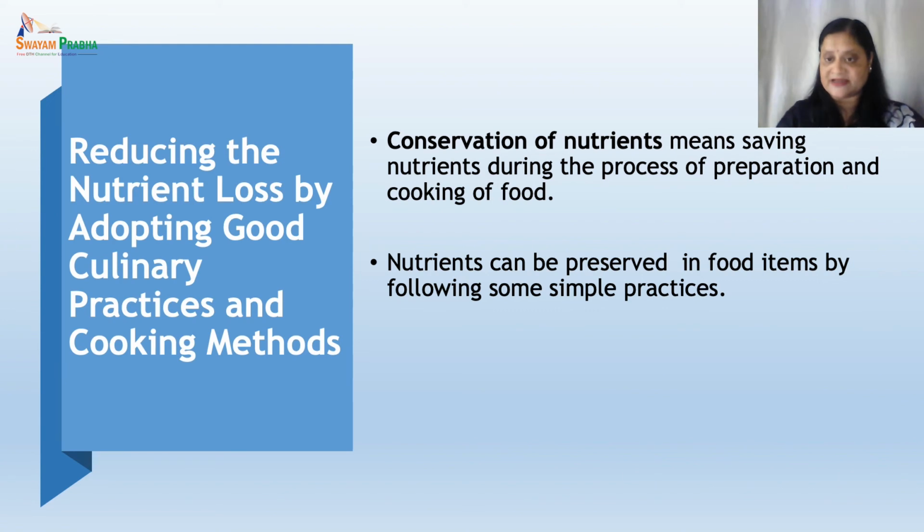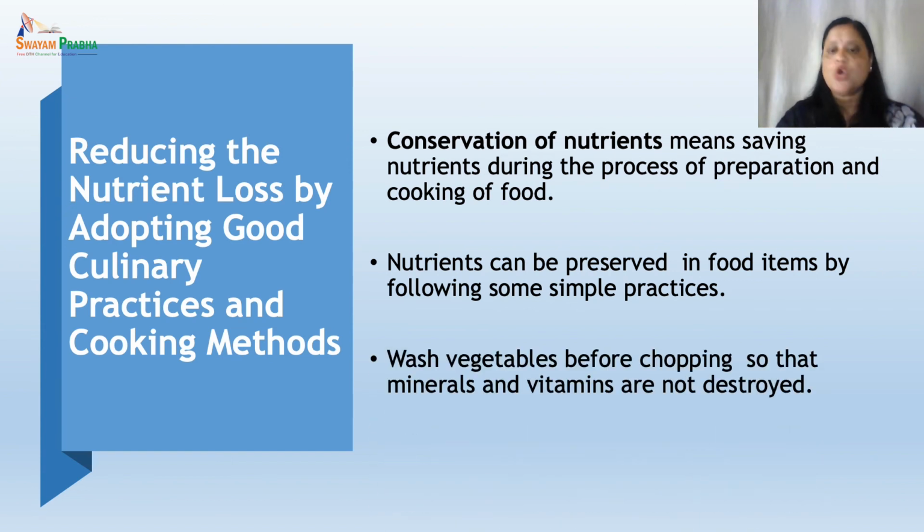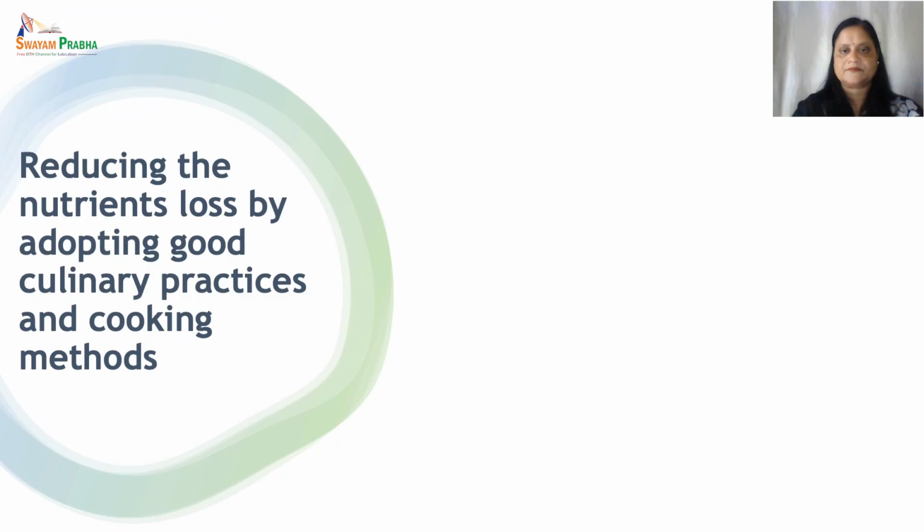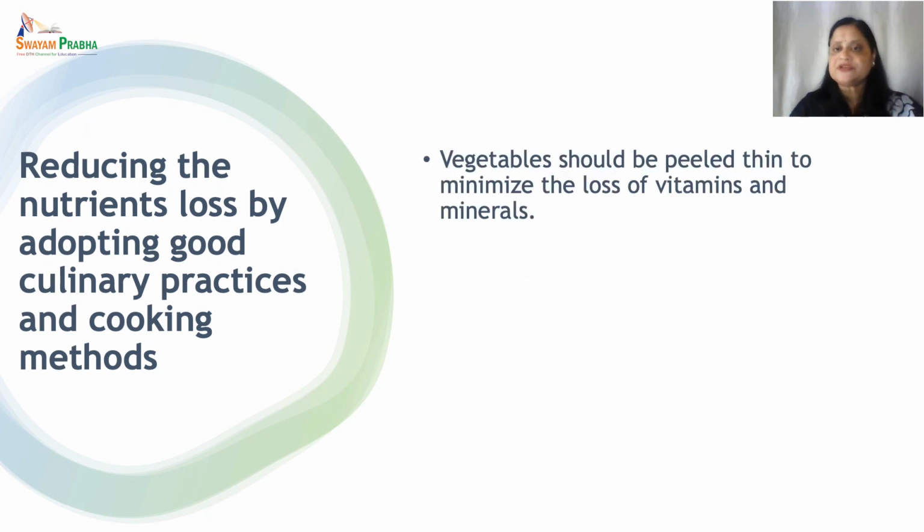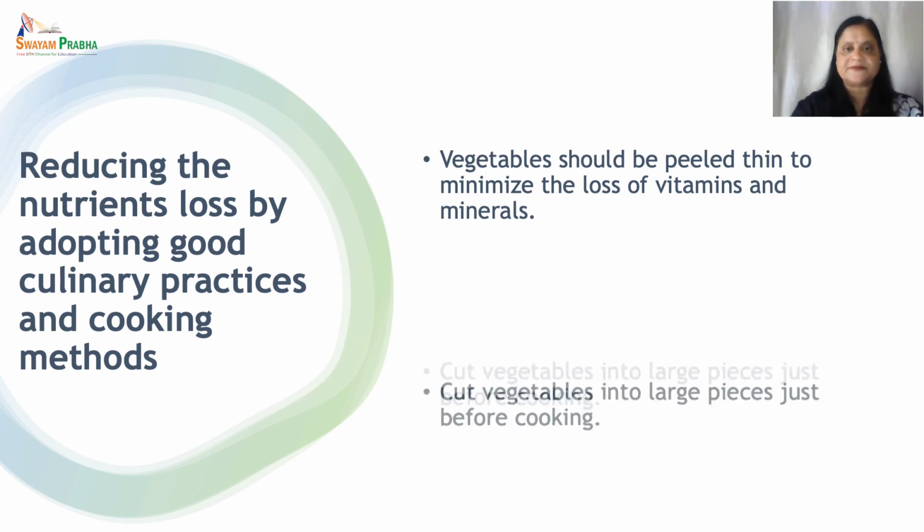Nutrients can be preserved in food items by following some simple practices. Wash vegetables before chopping so that minerals and vitamins are not destroyed. Vegetables should be peeled thin to minimize the loss of vitamins and minerals.